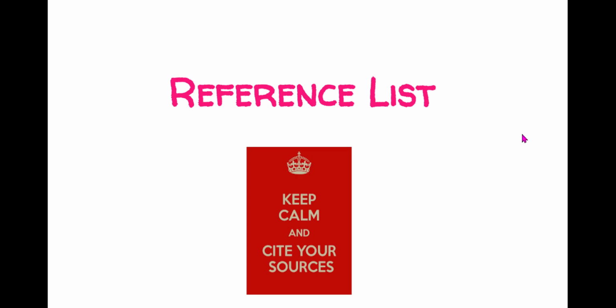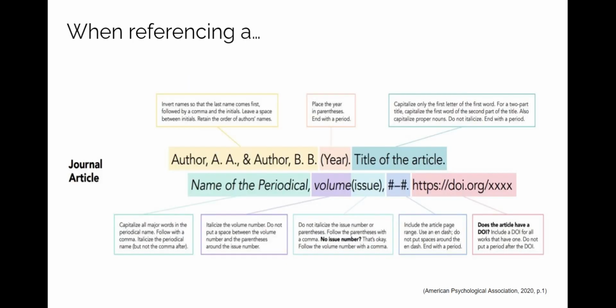Reference list. When we're talking about our reference list, there's a couple of things that we need to pay attention to. I've just picked out 3, probably the most common sources that we find. When we're referencing a journal article, if you have a look at this little table here, and if you have a look at some of the abbreviations, there's a very specific way of referencing journal articles, especially with APA referencing.